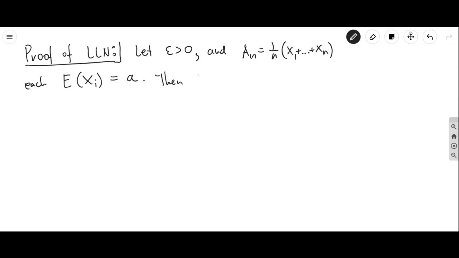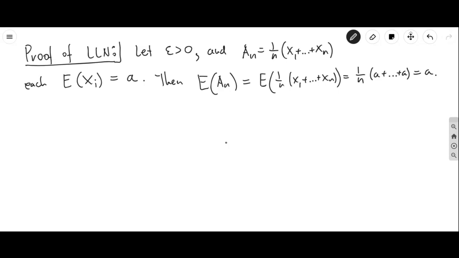Then the expectation of A_n would be the expectation of the sum, so you can factor out the 1 over n, that's a constant, and then it's the expectation of the sum of these, so it's the sum of a's, which is n times a divided by n, so it's just a. So the expectation of A_n is a.